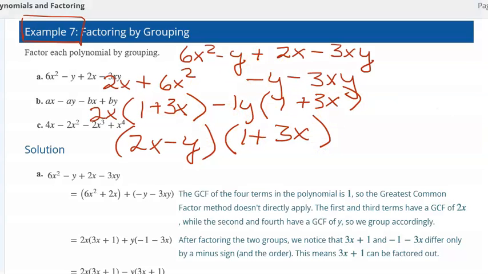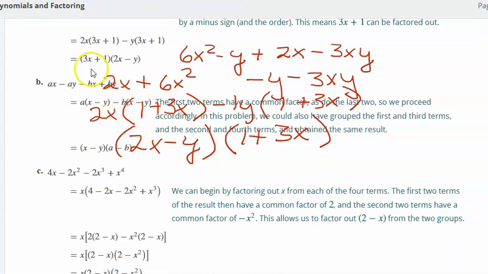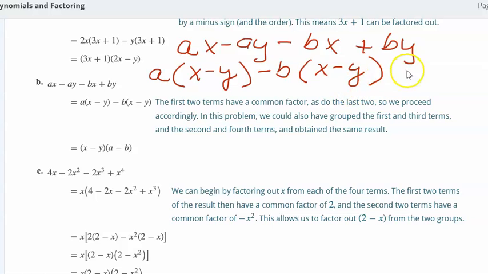Let's check it out here. And I think we have to go down a little bit. They have it in a different order here, but essentially it's the same. Okay, let's go on to item B. Now for item B, we didn't have to rearrange things.